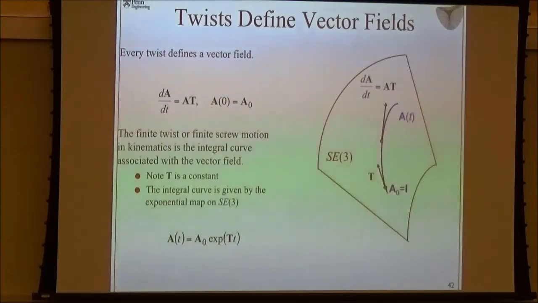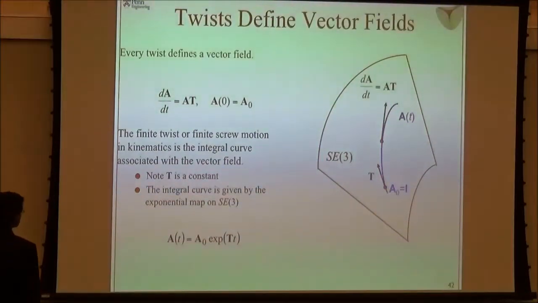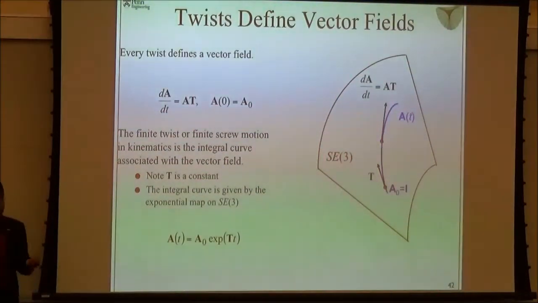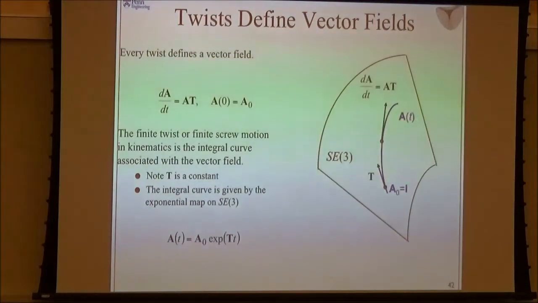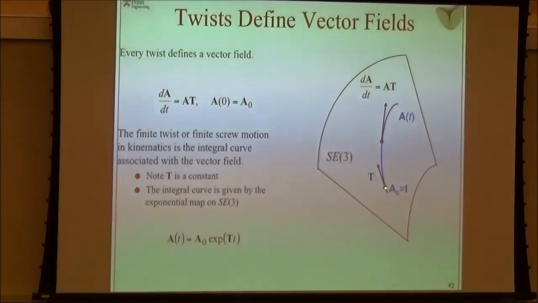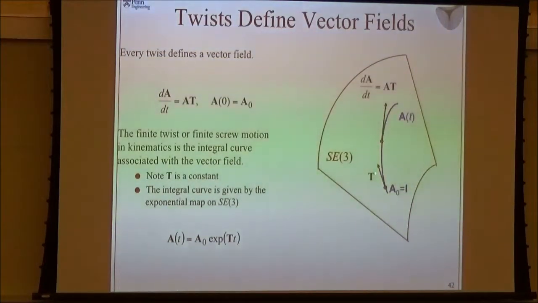Now, each of these twists also define vector fields. So instead of thinking of them as a 6x1 vector, I can also ask, if I have a twist T, what happens if I start from the identity and continuously execute a motion with the same twist T?